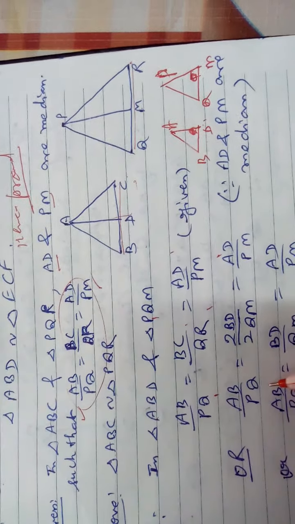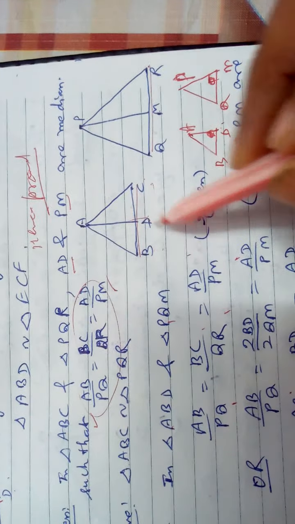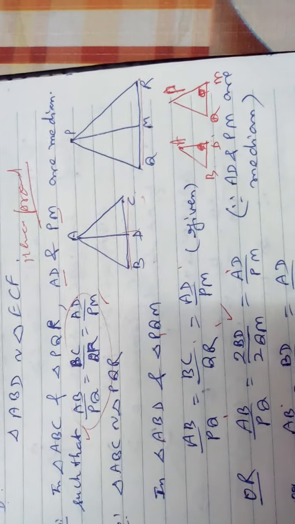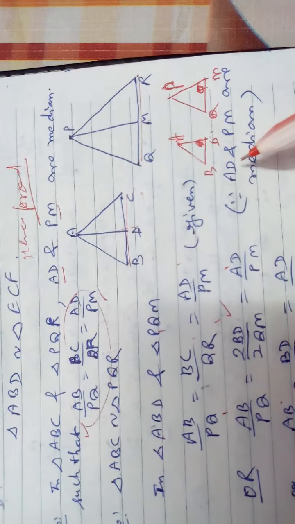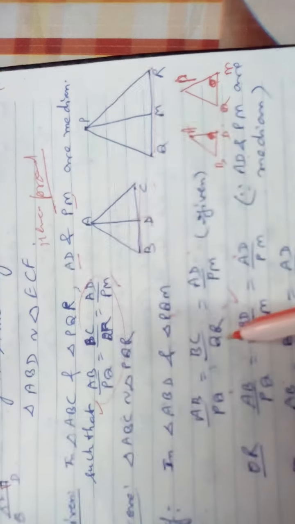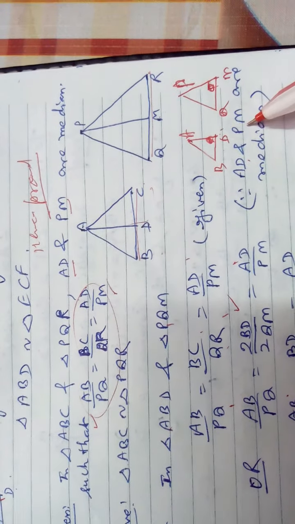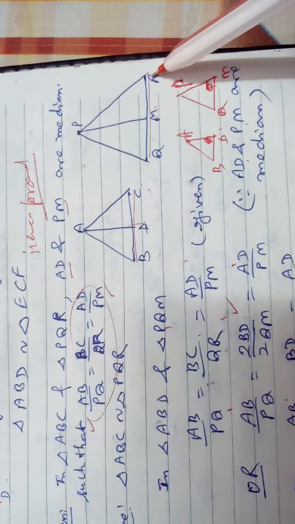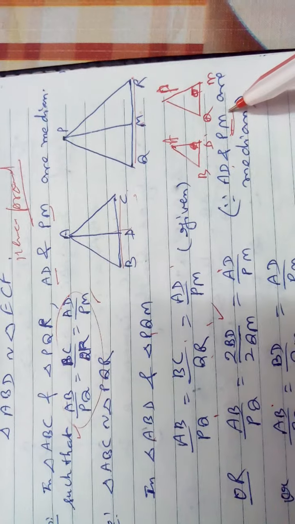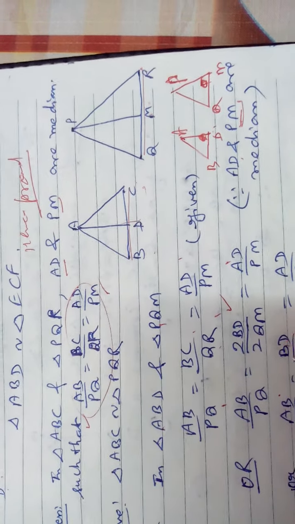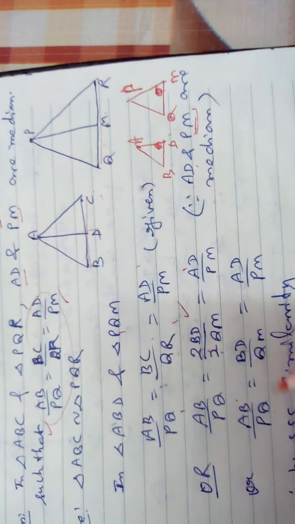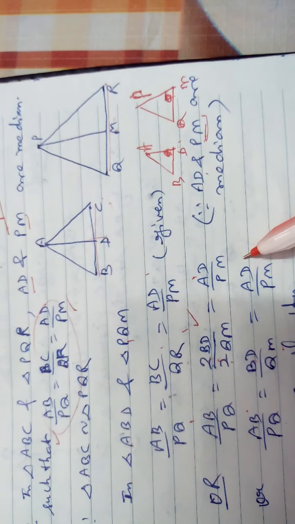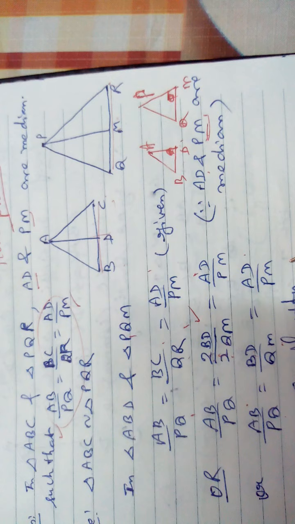So AB by PQ is equal to BC, which can be written as 2BD. Why? Because D is the midpoint, AD is median. QR is written as 2QM because QM is equal to MR, M is the midpoint, PM is median. Then 2 and 2 will be cancelled. You will get AB by PQ is equal to BD by QM is equal to AD by PM.